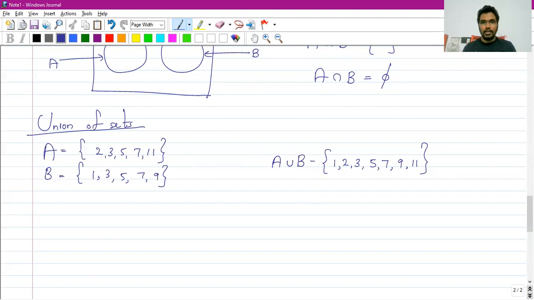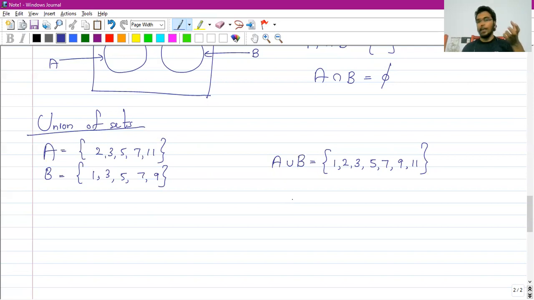A union B. Intersection looks like this, and union means the other side of this sign. So A union B means all the elements inside set A and set B. So I think you can understand.